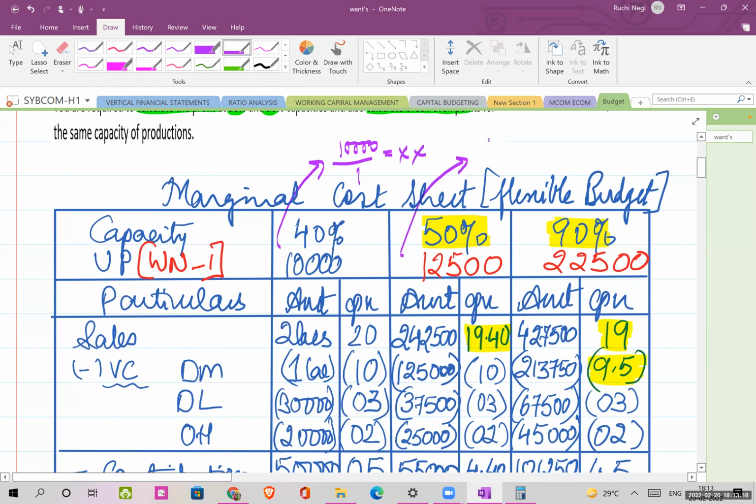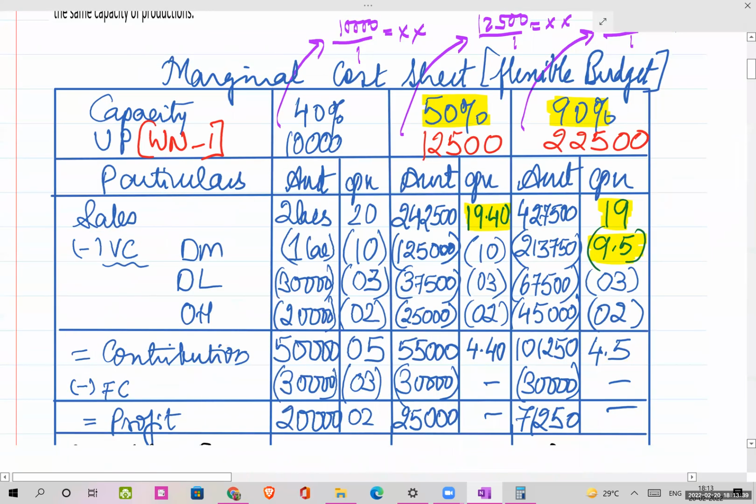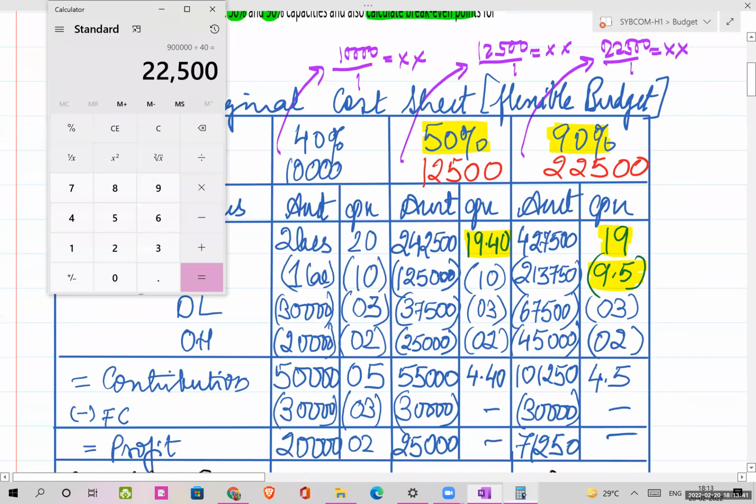Here it is 12,500 upon 1, equal to, and multiplication sign 2 times. And here it will be 22,500 upon 1, equal to, and multiplication sign 2 times. If we use the shortcut, your calculation will be much faster. So it's 10,000 divided by 1, equal to, into.